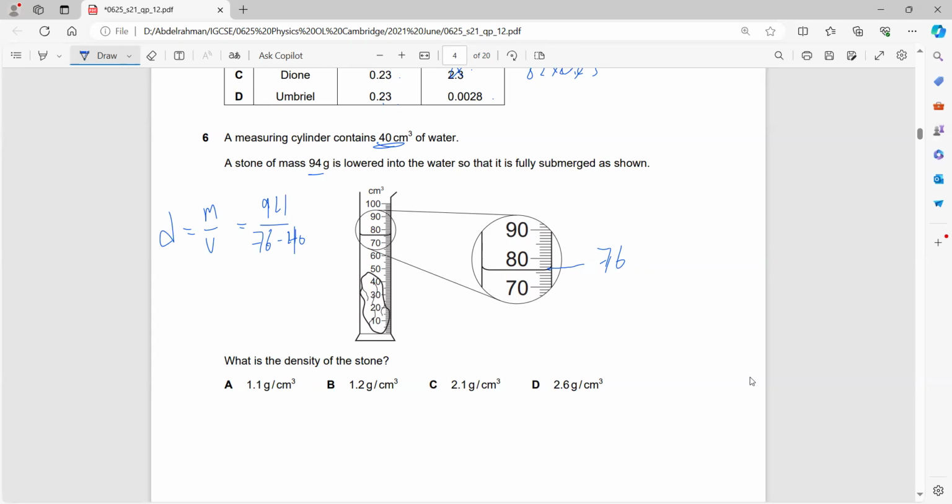So 94 divided by 36 is about 2.6. So in this question, it would be wrong if you divide 94 by 76. That is incorrect.